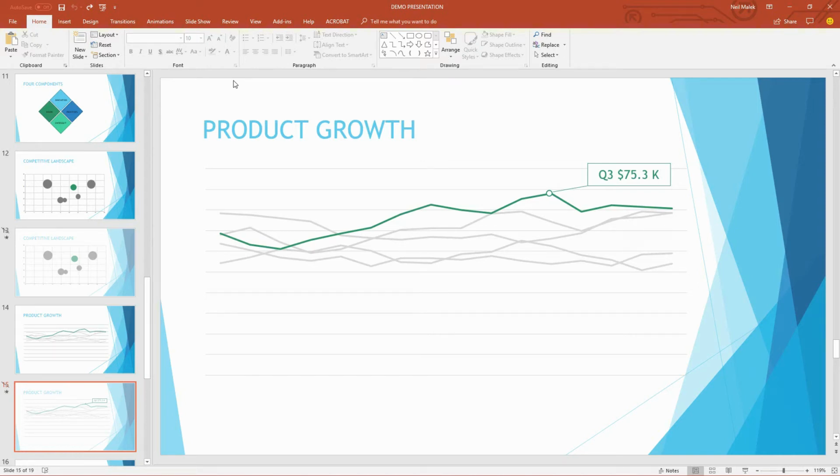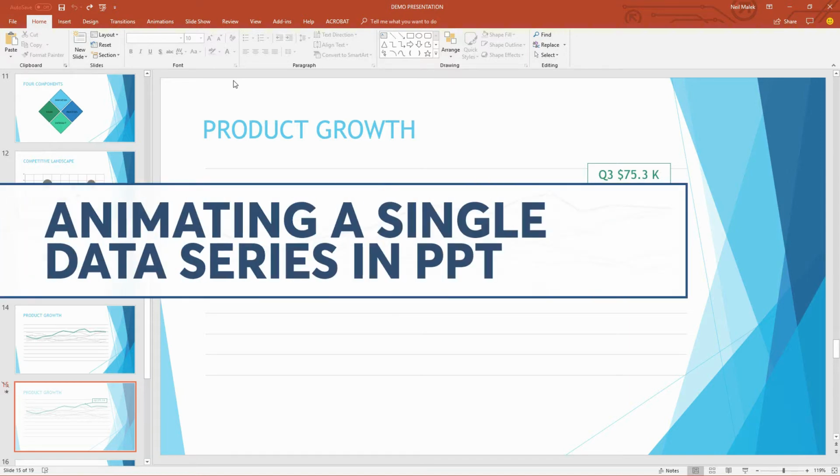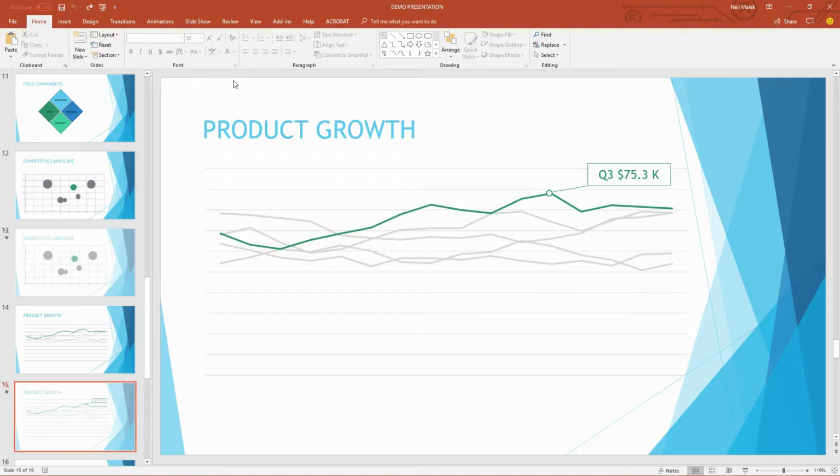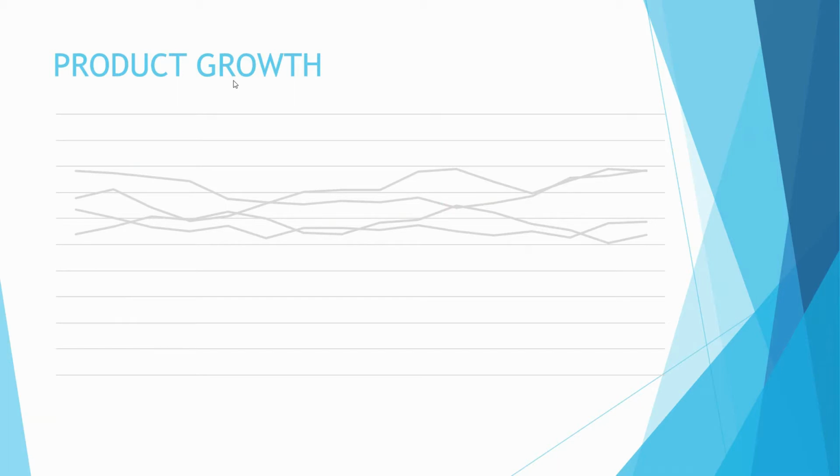And in today's video, I'd like to demonstrate how to do a simple animation technique on a chart. So as you can see right here, I have a slide that has one green line superimposed on all these gray lines. And when I start up the presentation from this point, you can see I begin with all the other lines already in place.